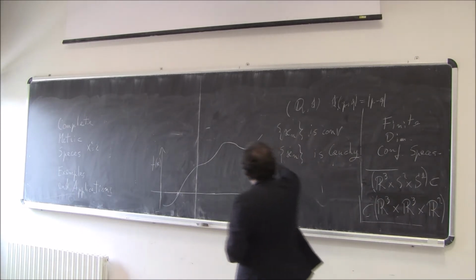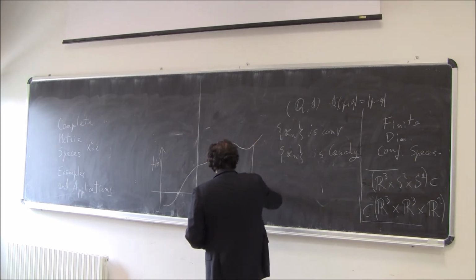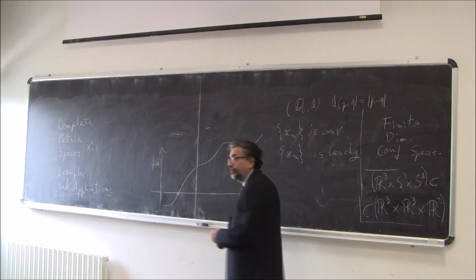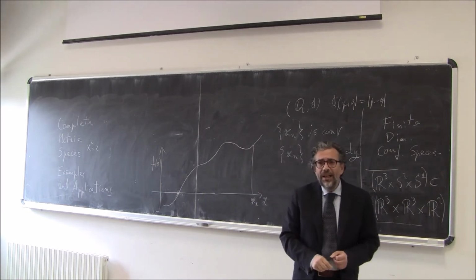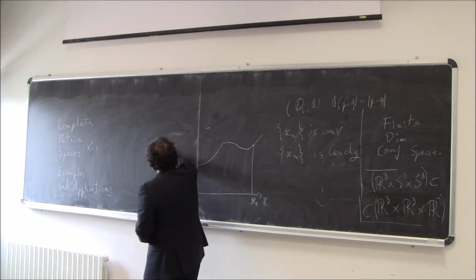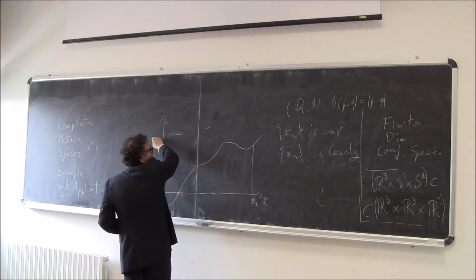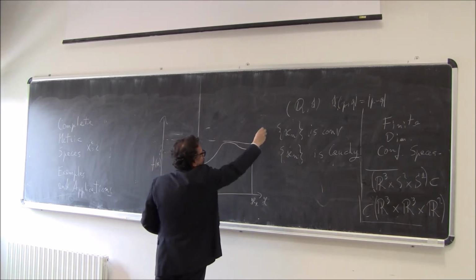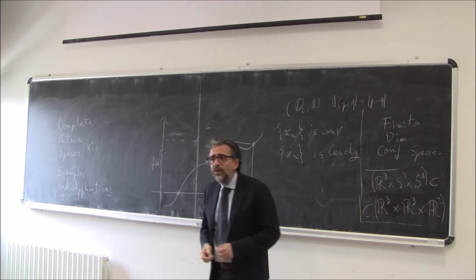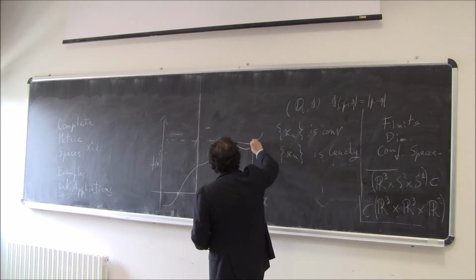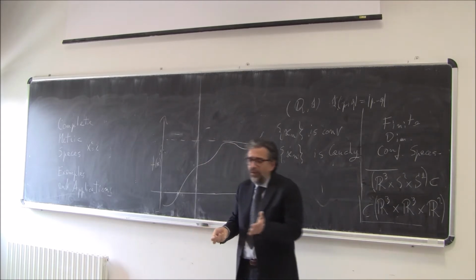You can take one point, you call it x1. You can calculate f of x1. This is the so-called Newton procedure. Then you can take the tangent. So what is the tangent?